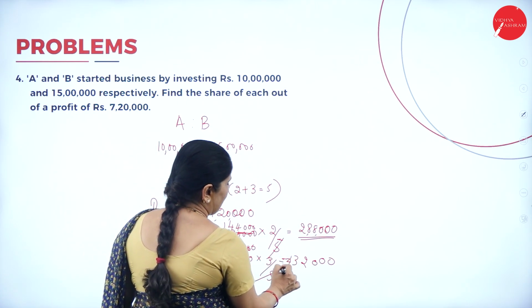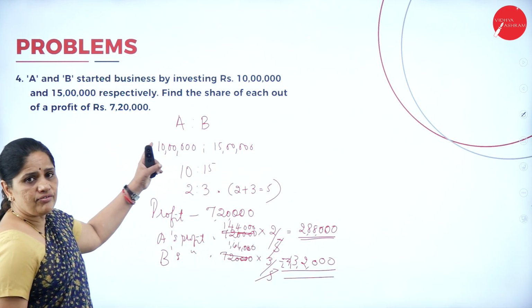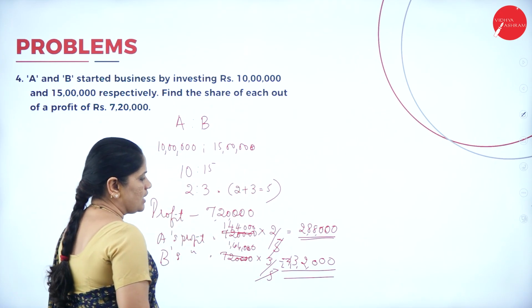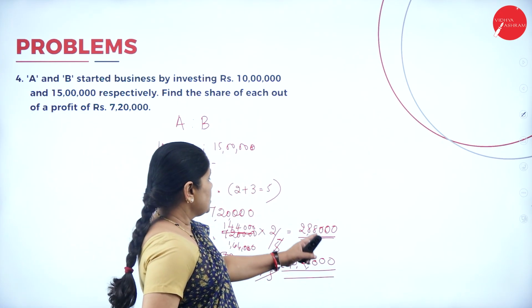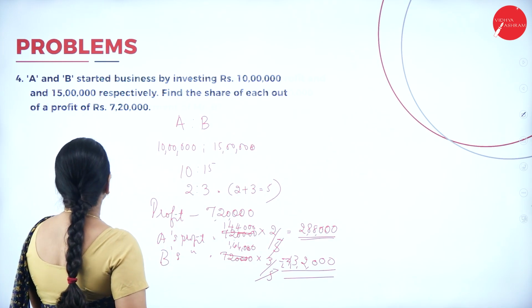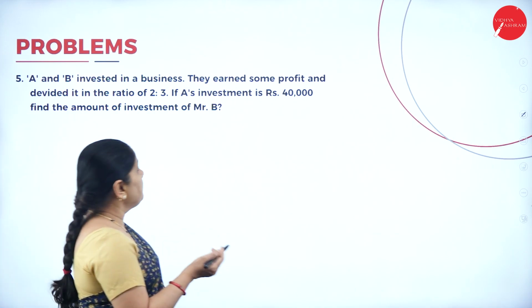So 4,32,000. So this is the share of B. So his share of profit is 4,32,000. Share of A's profit is 2,88,000.